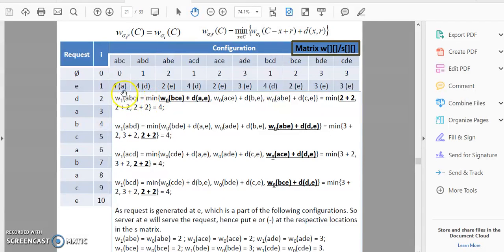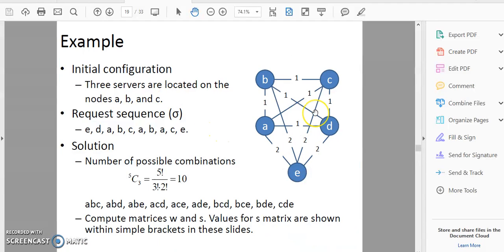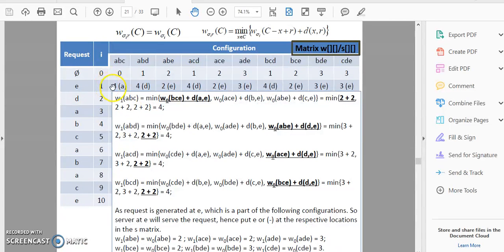We will calculate the minimum of all of these, and we will fill the entry here. The entry of the first row is W1.